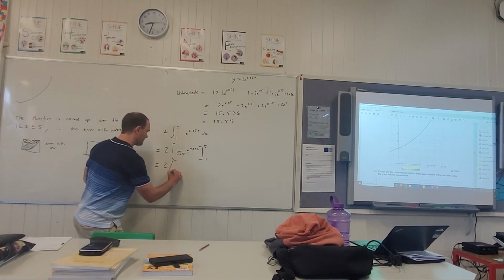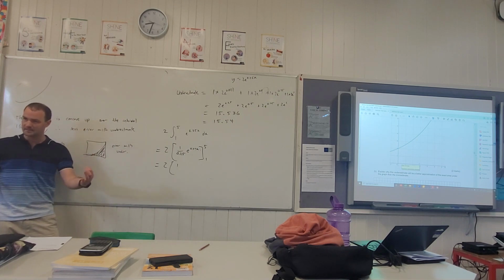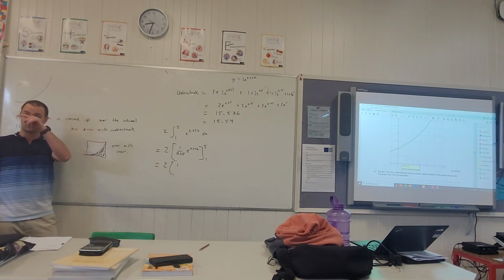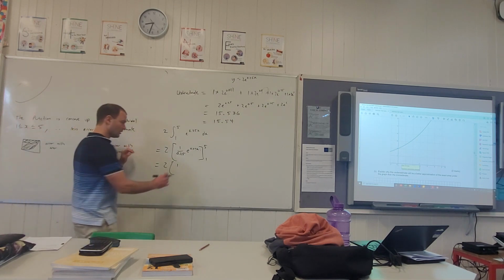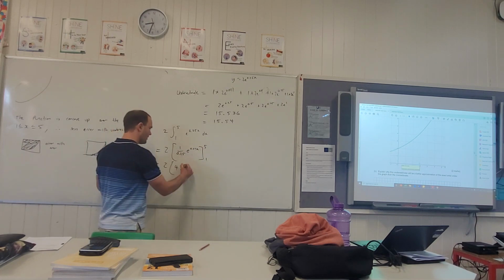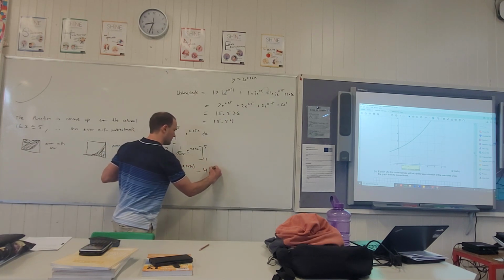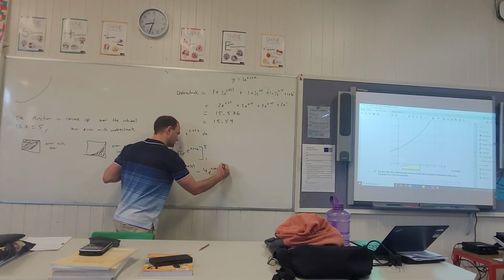The 2's just hanging out the front. We have now 1 divided by 0.25, that can be simplified. 1 on 0.25 is 4. So that's going to be 4, and we've got e to the 0.25 times 5, and then we're going to take away e to the 0.25 times 1.